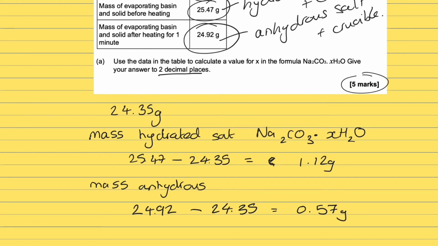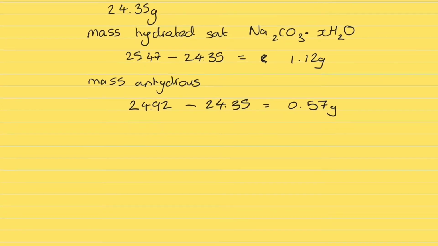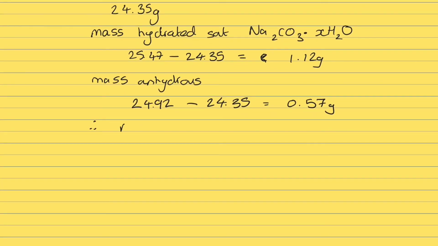That is the mass of the Na2CO3 without water. So therefore the mass of the water, which we removed, is 1.12 grams minus 0.57 grams, which equals 0.55 grams.